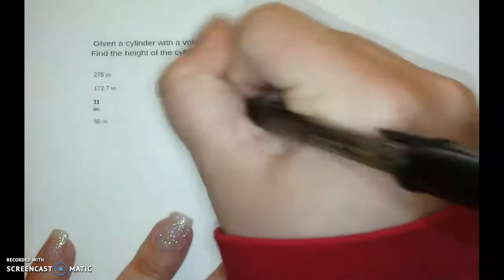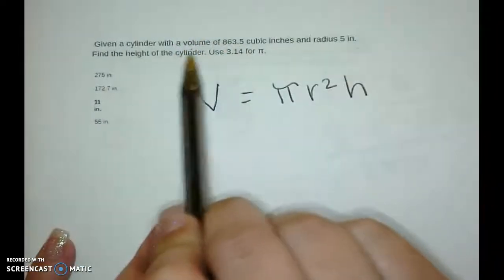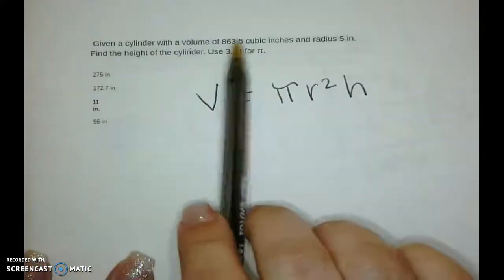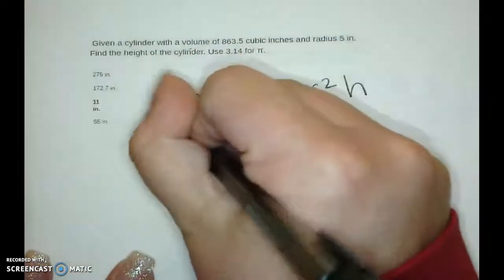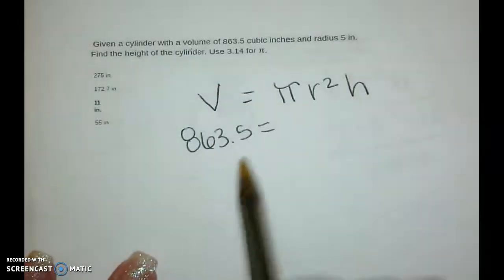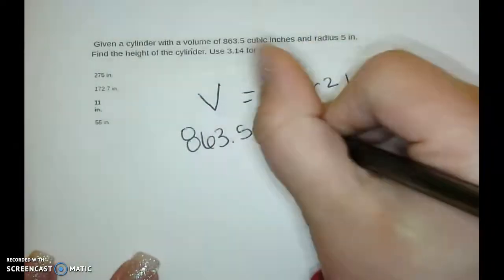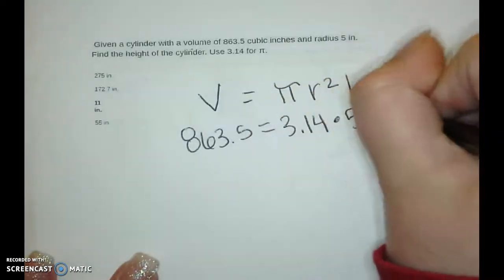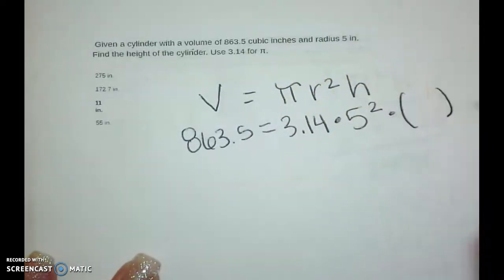But I'm going to add this V in front because it gives us volume, so we need a spot to put that number. So if the volume is 863.5, you're going to write that over here. There's no pi over here, and there's no pi in my answer choices, so I'm going to write 3.14. The radius is 5, so 5 squared. I want to know what height is.